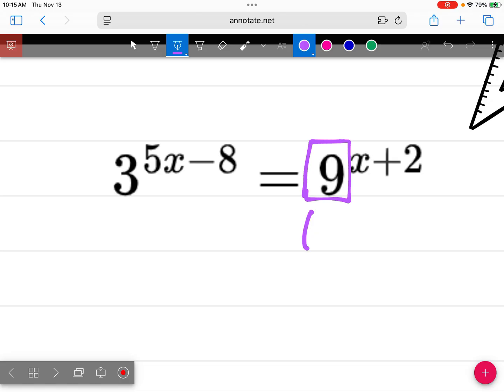But I can't just square root, and I can't square the left-hand side without also squaring the right-hand side. But I can rewrite 9 as 3 squared. That means the same thing. I'm going to move that down a line just because that's really close. So I can rewrite my 9 as a 3 squared, everything else staying the same.